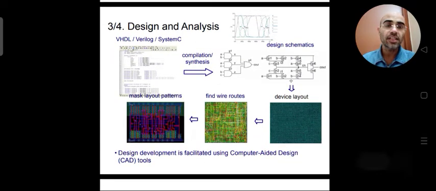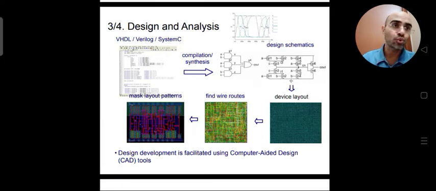So first you write the code. If it is a digital thing, there are multiple ways to implement or simulate these circuits. If it is a very big circuit, then we go for various hardware descriptive languages, and those usually used in the industry are VHDL and Verilog.